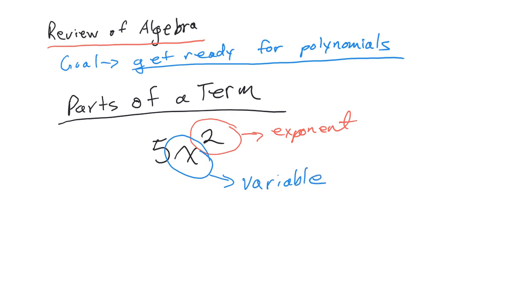And the reason why it's called a variable is because we can change that letter to a number at any time. Now, the stuff that's in green here that I'm circling, we call this the coefficient. There it is. We call it the coefficient.